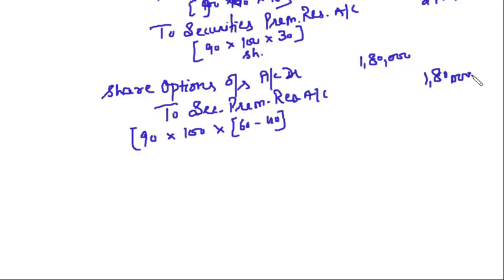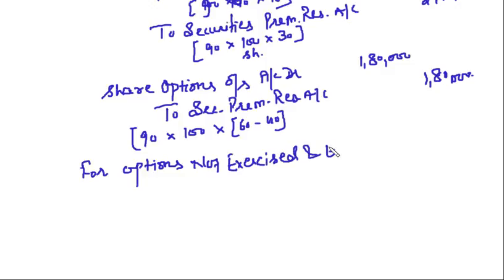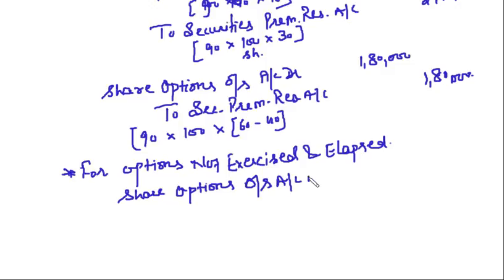Then how to close the share option outstanding account for the options which have elapsed? What will be the journal entry for options not exercised and they elapsed, right? The journal entry will be share options outstanding account debit to general reserve.